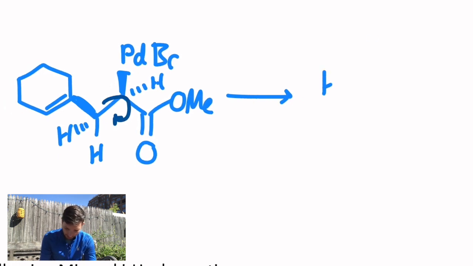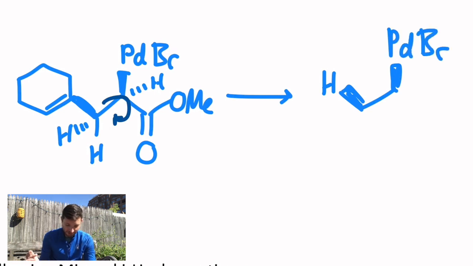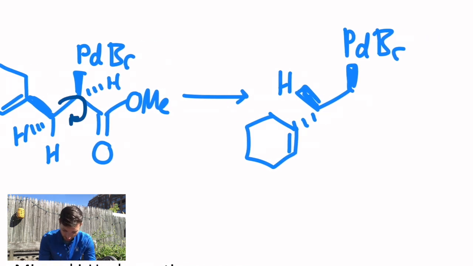I'll actually just start by drawing that in. There's the H, and it's now syn to the palladium. What else is attached? Well, if this H is in that spot there, that means the cyclohexenyl is now back there. There's actually multiple ways this particular one could rotate to give us a syn hydrogen.